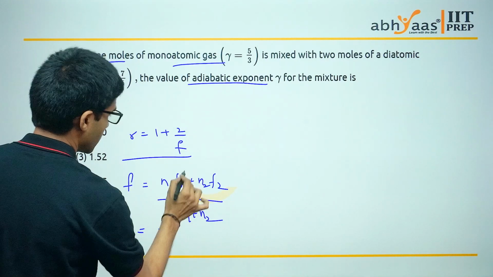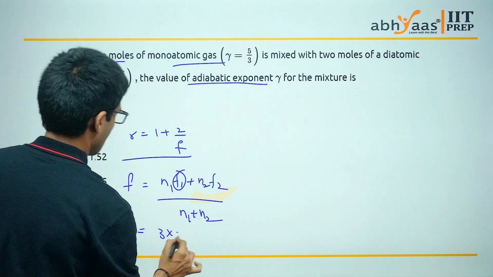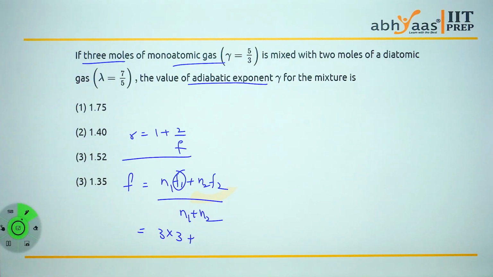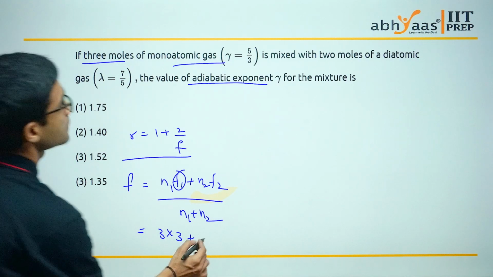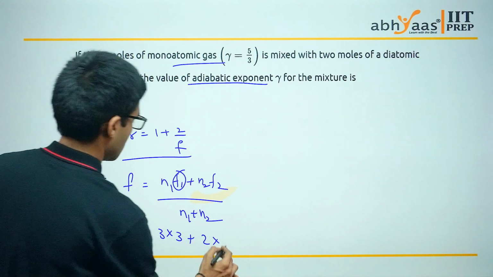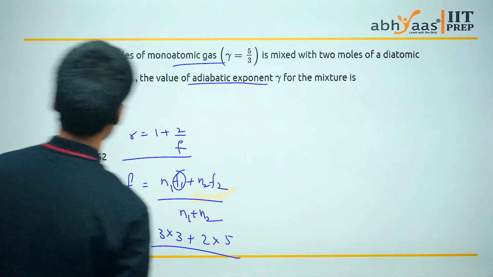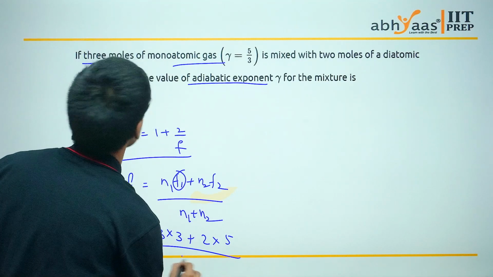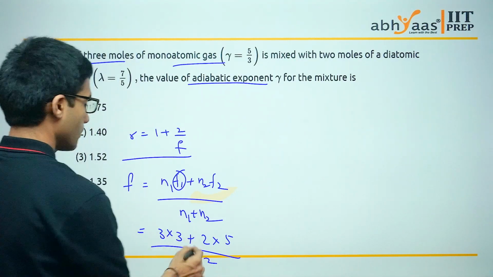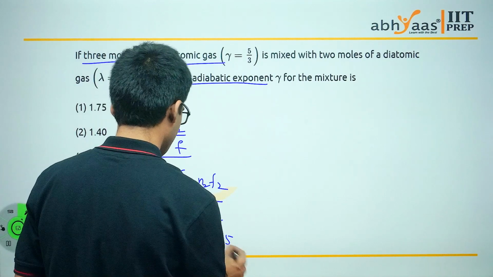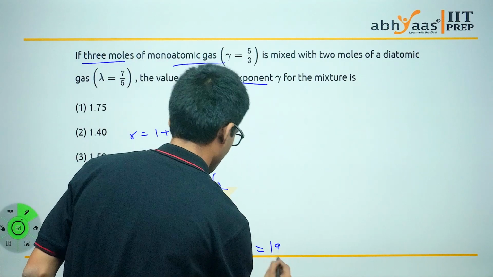Monoatomic gas degrees of freedom is 3, plus n2 is 2 moles, that is given, 2 into 5, by n1 plus n2, which is 3 plus 2. 9 plus 10, that is 19 by 5.